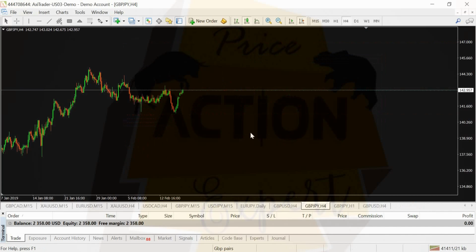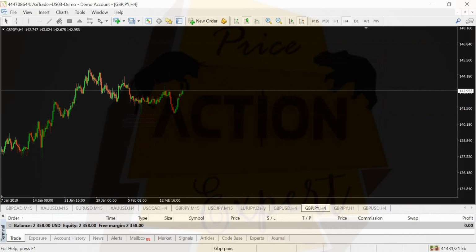Okay, I'm going to show you one more account here. In this account, we have 2,358 US dollars. While you're calculating, the exact money is important. Pips could vary, but if you see this alone, you are able to know what the 1% risk would be.